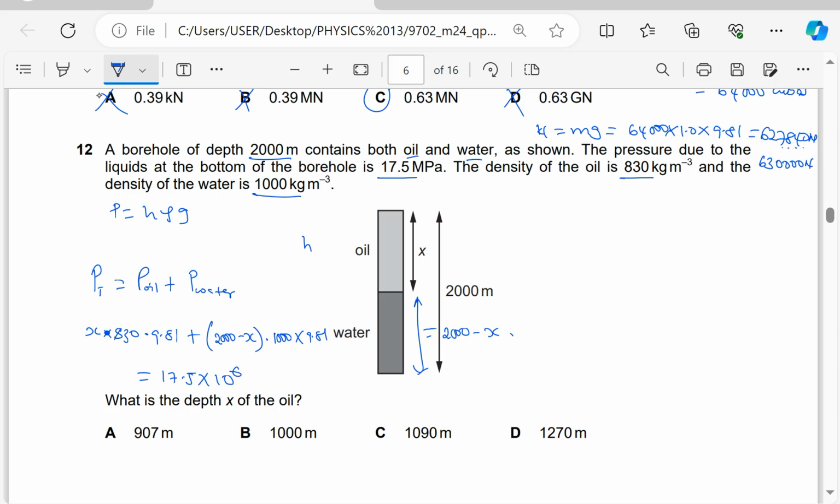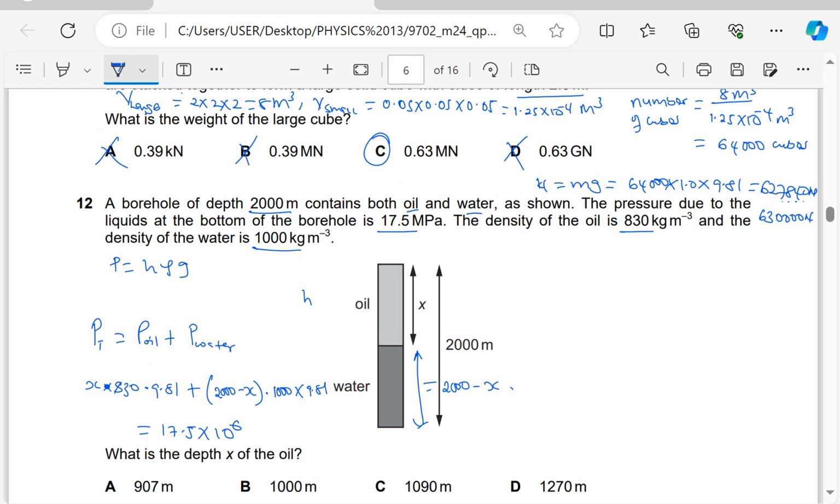Okay, so I'm trying to simplify this. I'll begin by dividing both sides by 9.81. So I have 830x minus 1000x is equal to 17.5 times 10 to the power of 6 divided by 9.81, then minus.